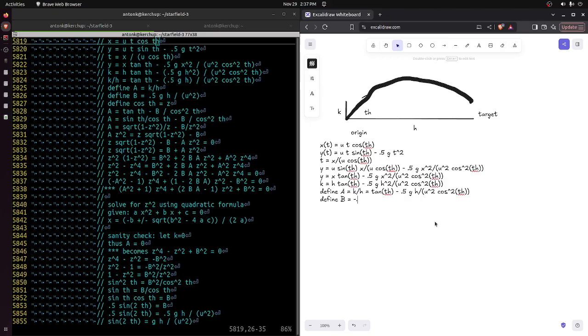So this becomes negative, or sorry, positive, 1/2 gh divided by u squared. And of course, we define z as cosine of theta.